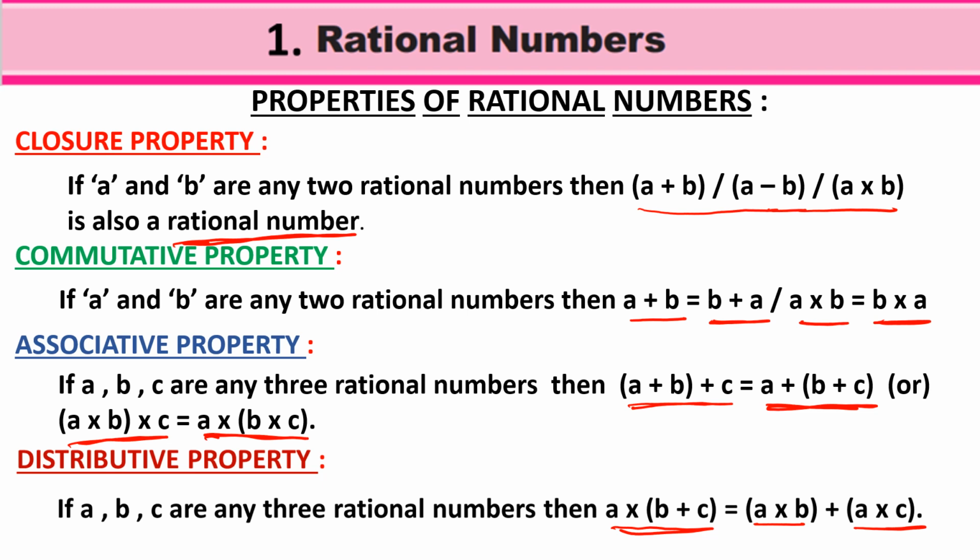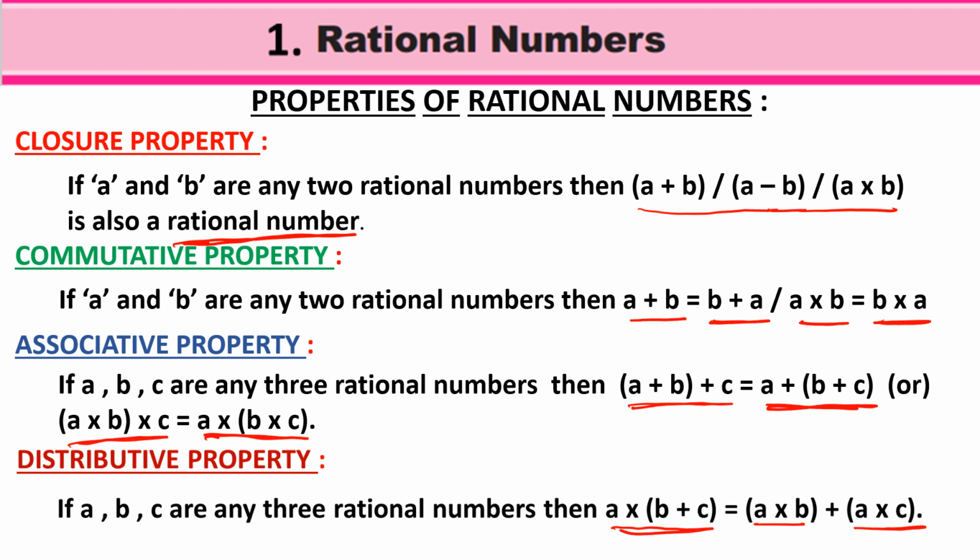That is closure property, children. Here we have one doubt, right? If you divide any integer, that also becomes a rational number, that is in the form of p by q only. But there is only one reason: division by 0 is not defined, right? So that's the reason closure property is not satisfied under division.